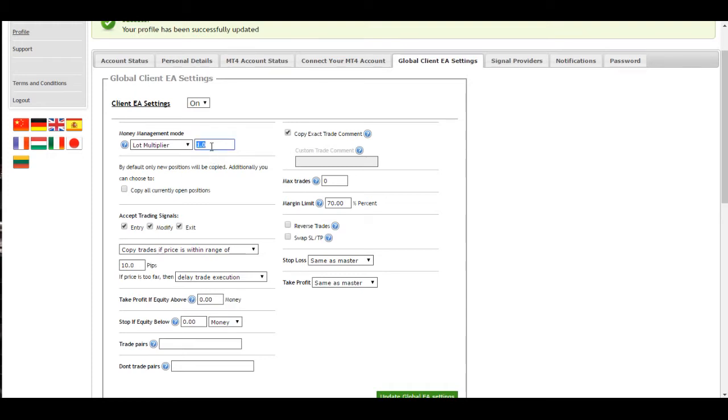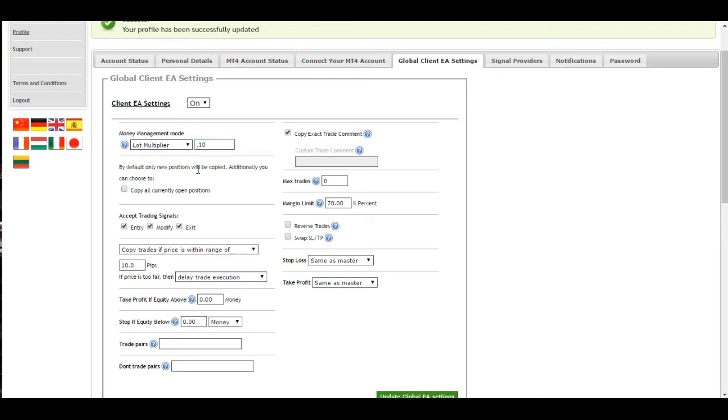Now, this also works. Let's say we have a $1,000 account for the auto trader. You have $100, right? So you're going to do the math, and $100 would be 10%, right? So your lot multiplier would be 0.10. That's 10% of the actual account.